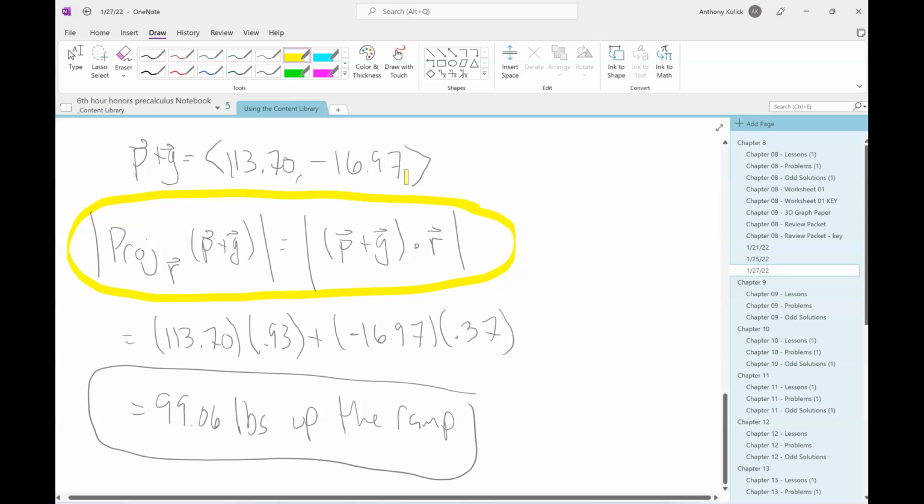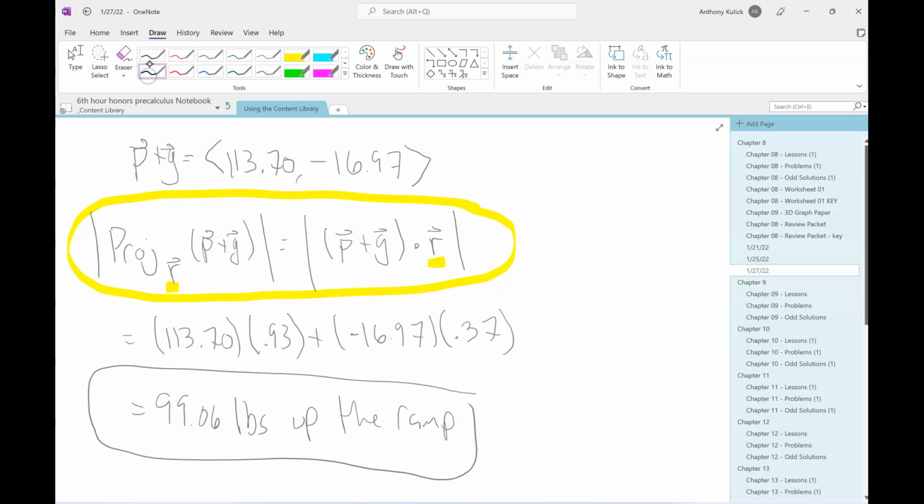If R wasn't a unit vector, then I'd have to go through the whole shebang and actually find the projection and then calculate its magnitude. But I'm going to use that shortcut when it's available because that saves me quite a bit of hassle. Okay. Who's next?